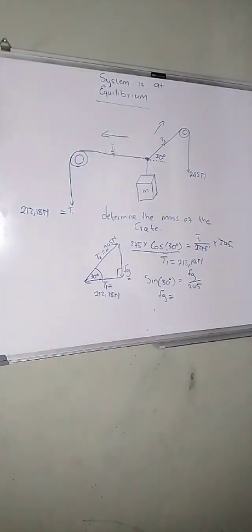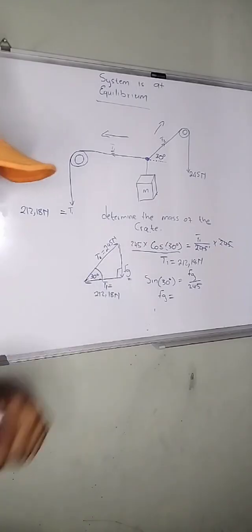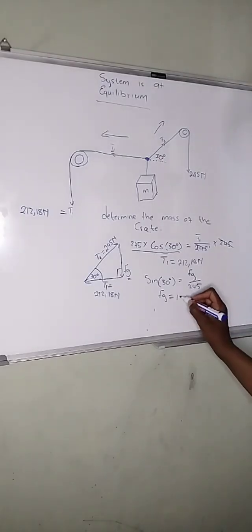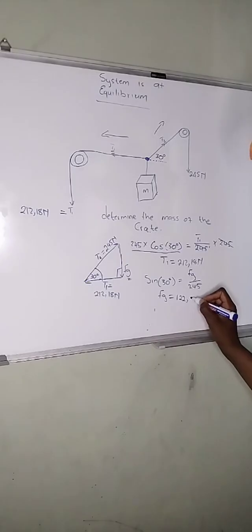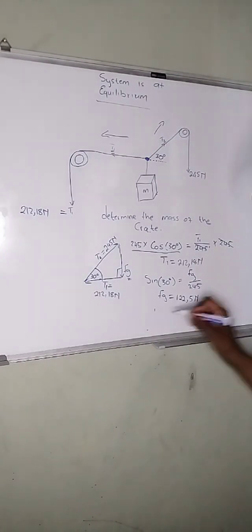What's going to be the size of my FG? The size of my FG is going to be half this guy. Ne? What is half 245? I think it is 122.5 newtons, if my math serves me right.